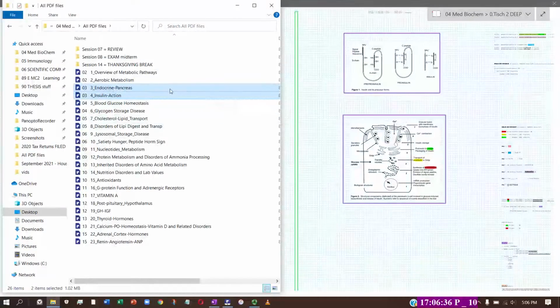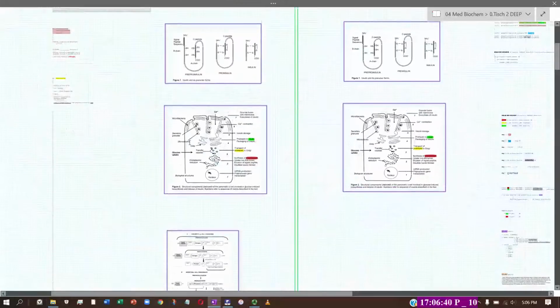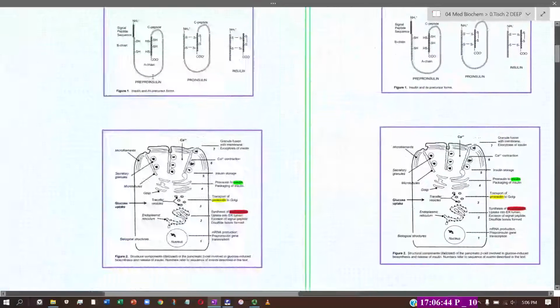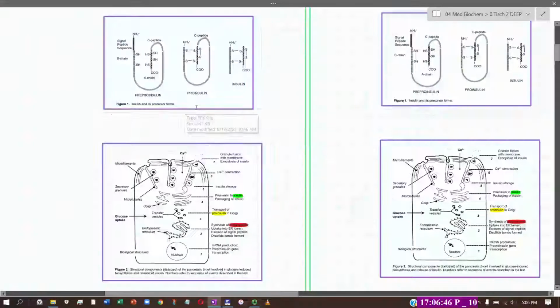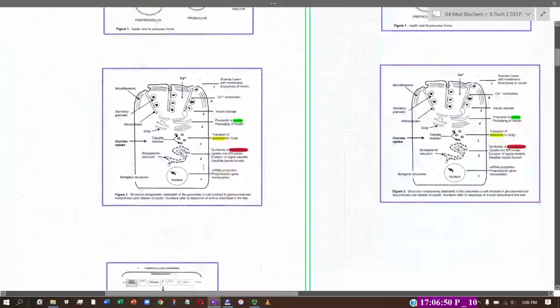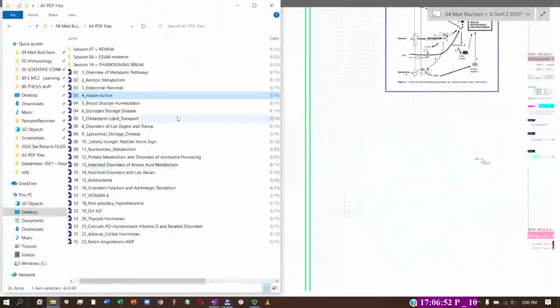The first one is endocrine pancreas and then insulin action. The purple borders here are for endocrine pancreas, this first file, and the ones in orange were the ones for insulin action.